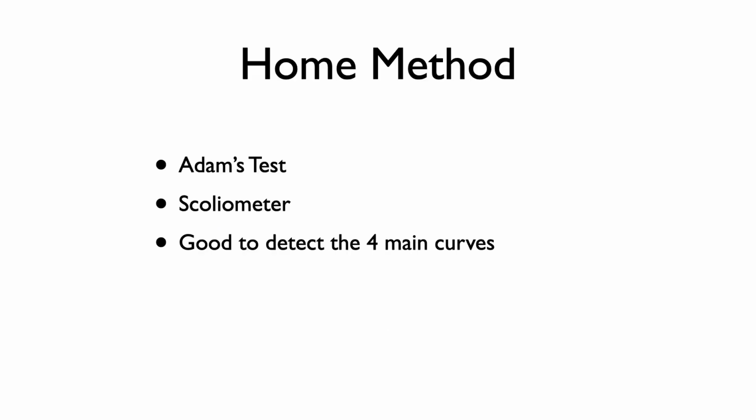Okay, so now you've seen an S-shaped curve, you've seen a C-shaped curve in both ways. And so what we're going to have a look at now is how you can actually find these things out from home without an x-ray. Some people don't actually want x-rays or repeated x-rays. And an x-ray doesn't actually take into account something called rotation.